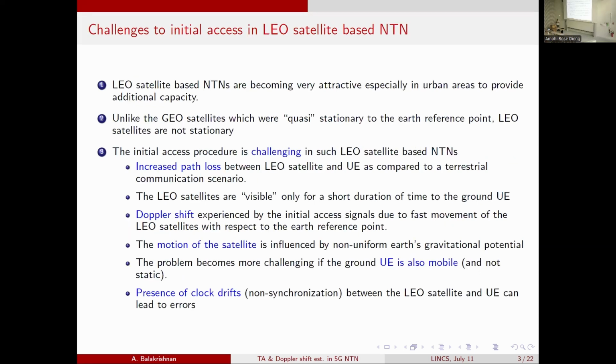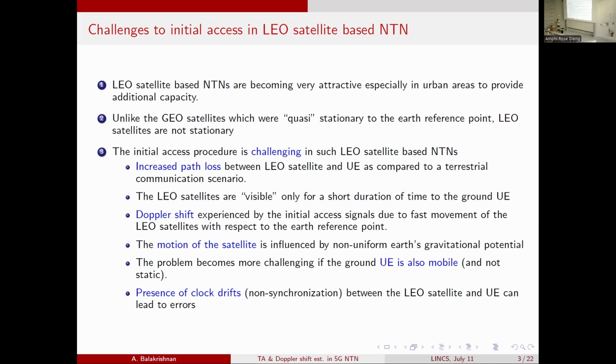Now, in a low Earth orbit satellite non-terrestrial network, this process becomes more challenging because the satellite is first not stationary with respect to the UE. There is an increased path loss. The signals experience a Doppler shift.